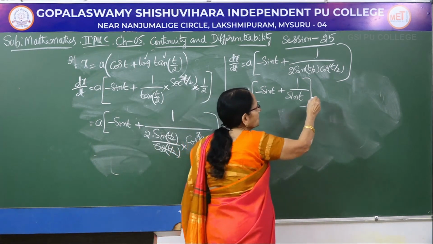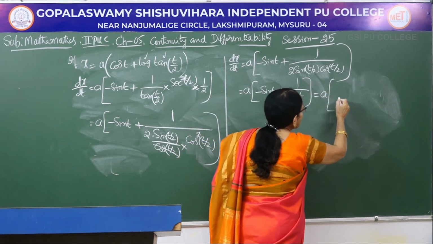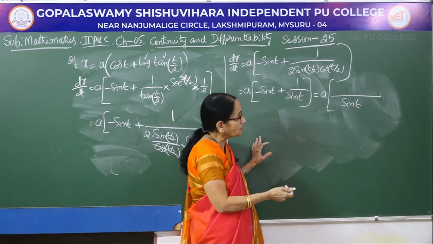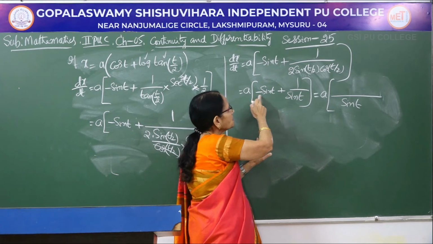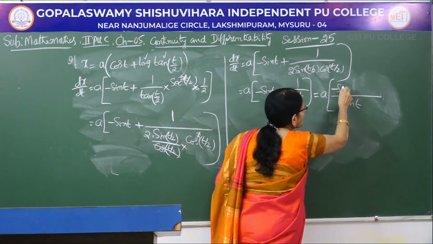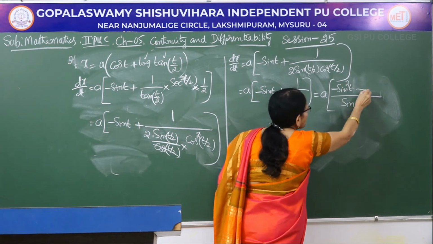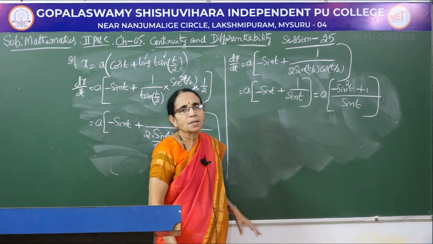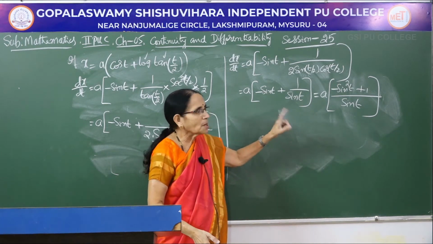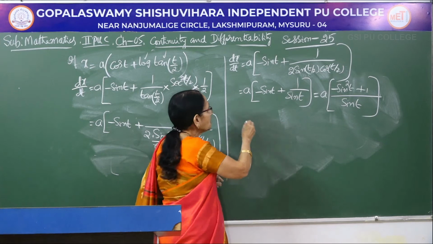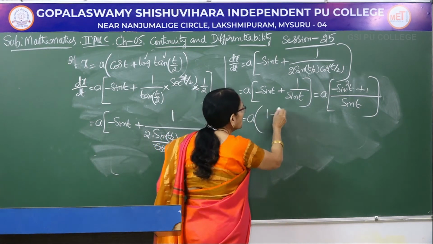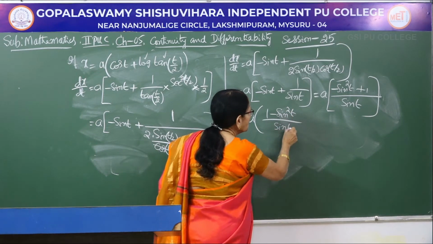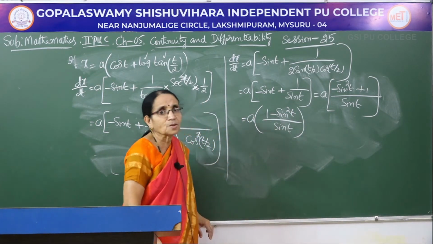Now, you take the LCM because it is the difference of the functions, two fractions I am having, sin t being the LCM, minus sin t into sin t becomes minus sin square t plus 1. Look here, numerator is minus sin square t plus 1, or you can write it as 1 minus sin square t, divided by sin of t.